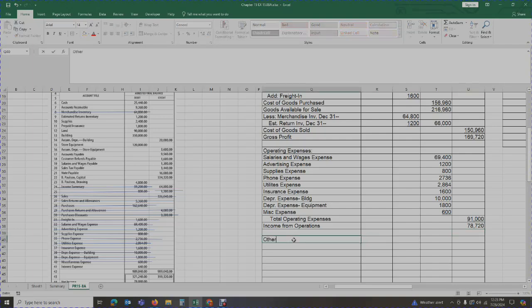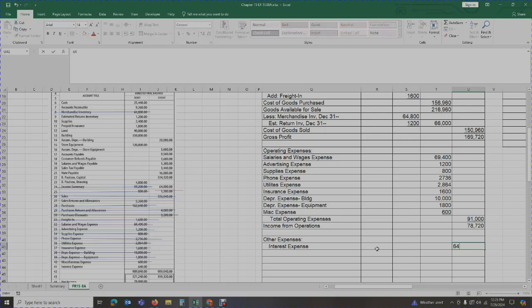Now we have some other expenses that we have to account for that are not related to the operations. We've got other expenses, and we've got an interest expense down here of $640. That interest expense is not tied to the actual operations of the business.